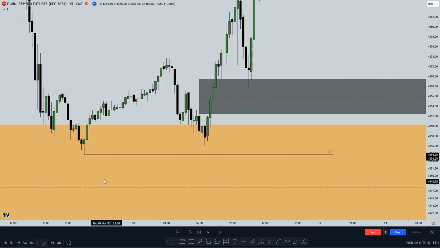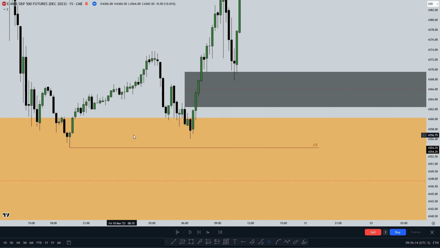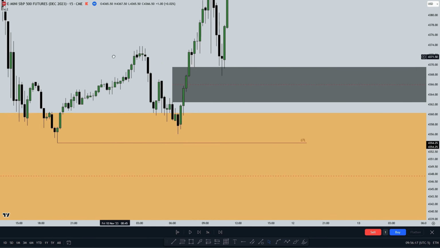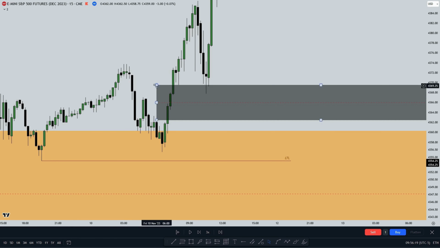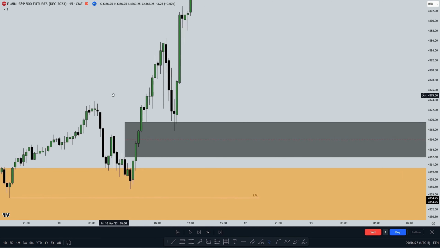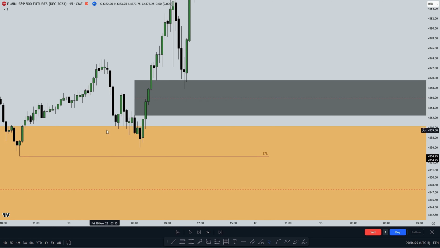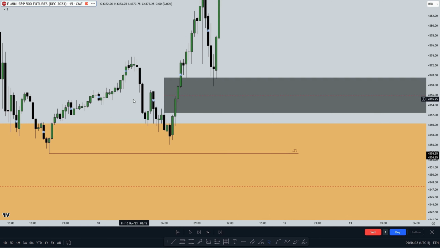Right here we get a market structure shift from this high, confirming that this low right here is a long-term low. Then price comes down and touches this fair value gap, not going all the way down to this long-term low. So that shows us this is a high resistance liquidity run right here.